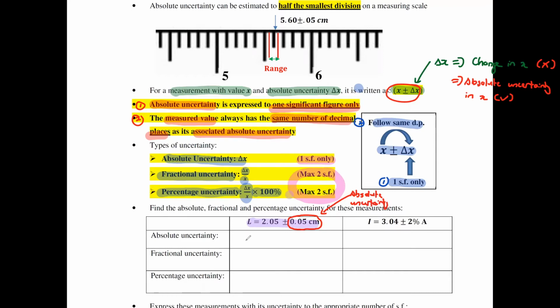So over here, the absolute uncertainty is delta L equals plus minus 0.05 centimeter, whereas the fractional uncertainty is equal to delta L over L, giving us 0.05 divided by 2.05, which in the end gives us 0.024. And then the percentage uncertainty, as mentioned, is actually just the fractional uncertainty multiplied by 100% to change it to percentage form. We have 0.024 times 100, giving us 2.4%.